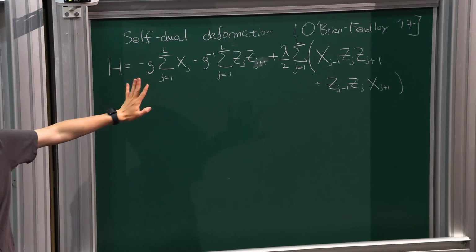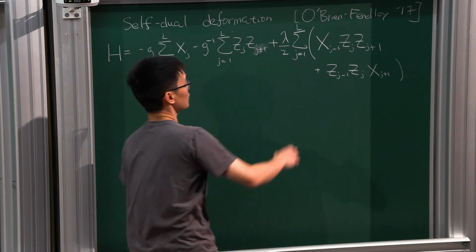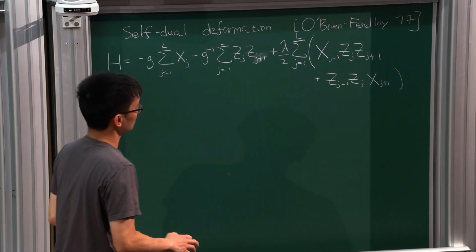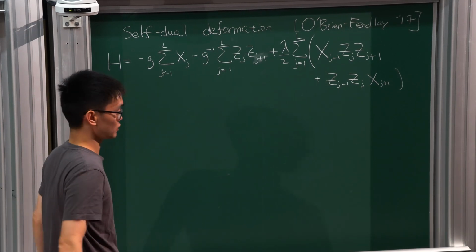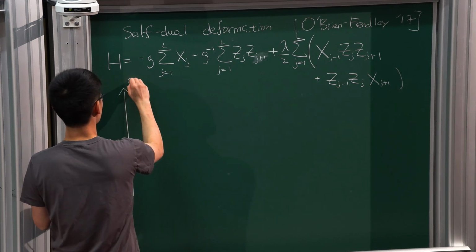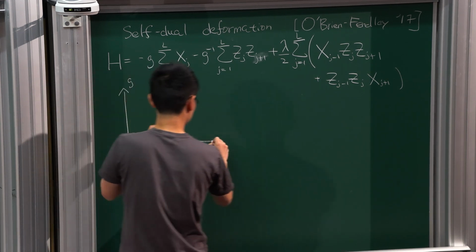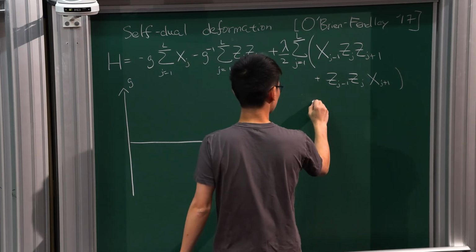And then you can ask, what's the phase diagram of this model? That's what O'Brien and Fendley did. They have some analytic analysis, and they also have DMRG numerical analysis. And the phase diagram looks like this. So let me write it here.